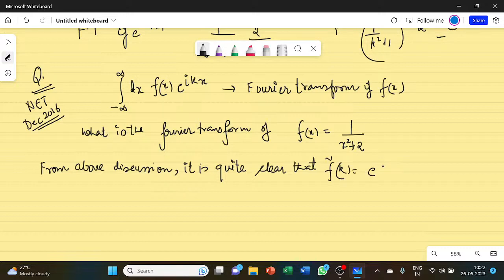It will be proportional to e to the power minus modulus of x. Here I can write it as 1 upon x square plus root 2 whole square, so minus 1 upon root 2. One can see that this is proportional to this, because here it was 1.